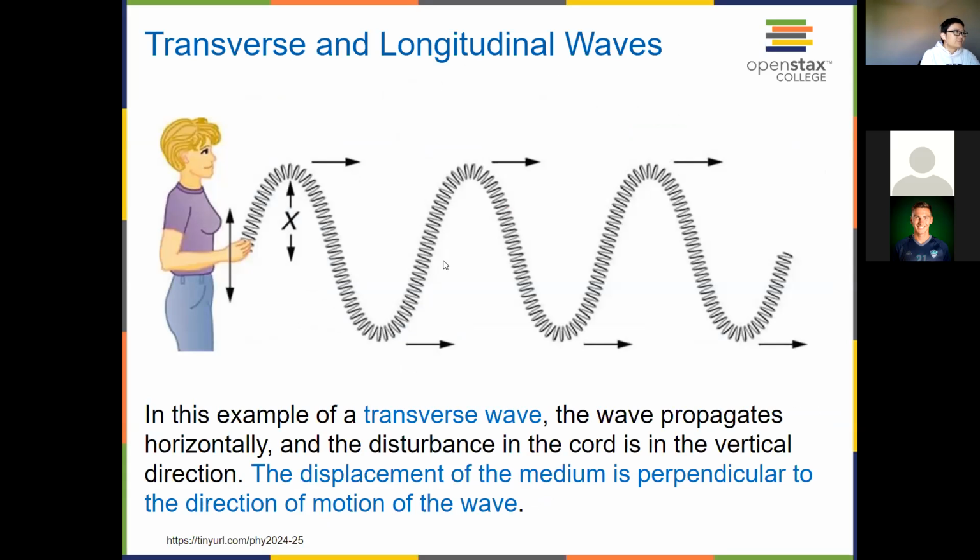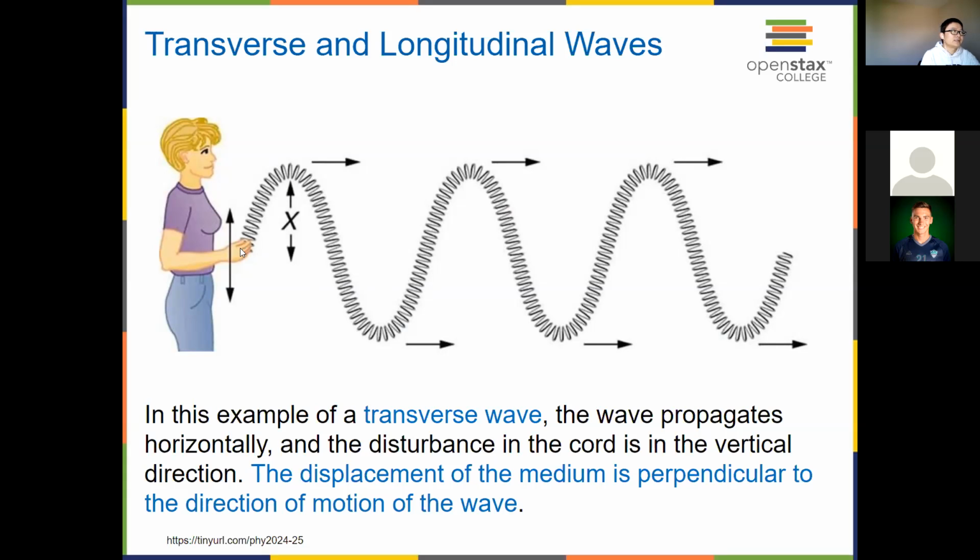All right, now for mechanical waves, there are basically two types: one is called transverse waves, and the other is called longitudinal waves. For a transverse wave, it travels through media.